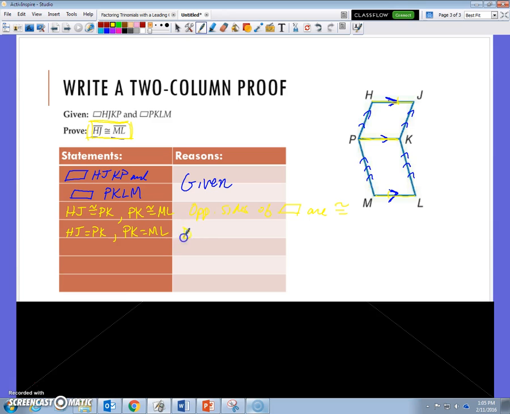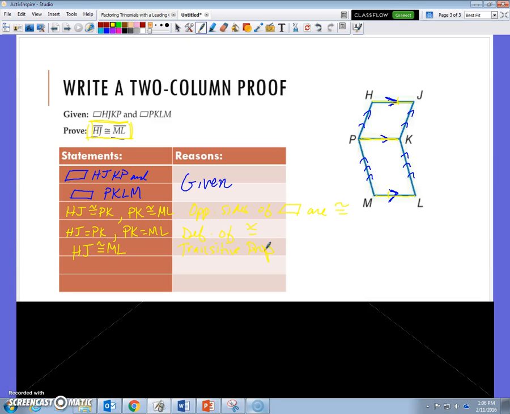I'm going to say that's the definition of congruence. And then if I know HJ equals PK and PK equals ML, through the transitive property, HJ must be equal to ML, or must be congruent to ML. So therefore, HJ is congruent to ML through the transitive property, 1, 2, 3 RST.